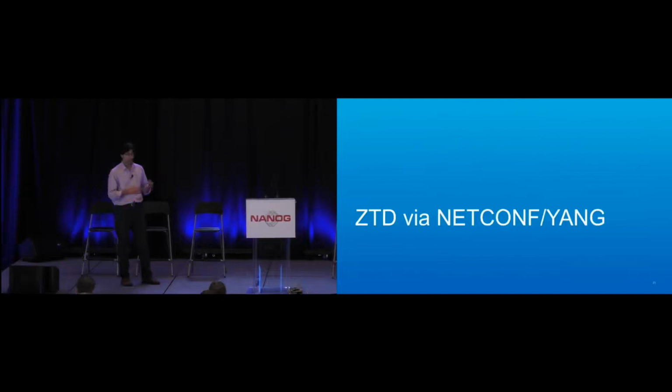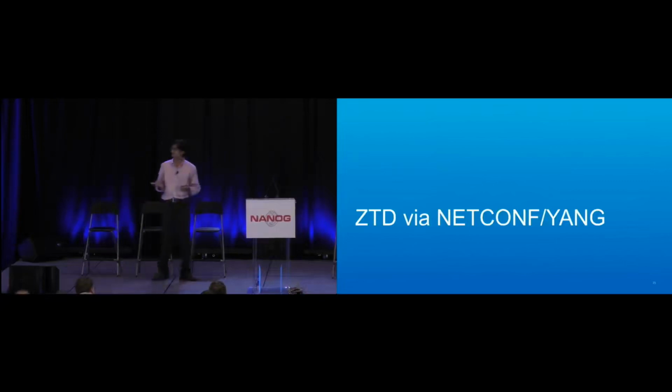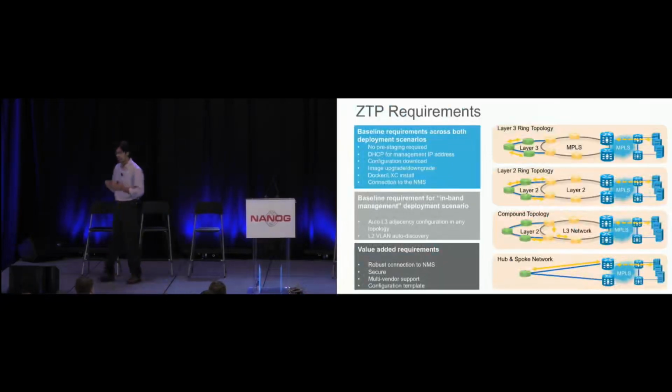Before I jump into the process of how you can achieve ZTP with NETCONF or RESTCONF, you have to first understand what the requirement is. What are we trying to achieve here? We would like to make sure that any kind of deployment, whether it's hub and spoke, ring topology, or a Clos architecture, whether it's for SP, DC, or web customers, doesn't need pre-staging.